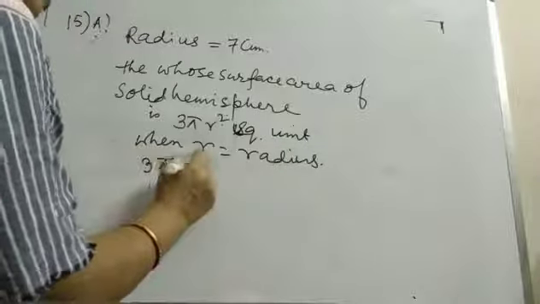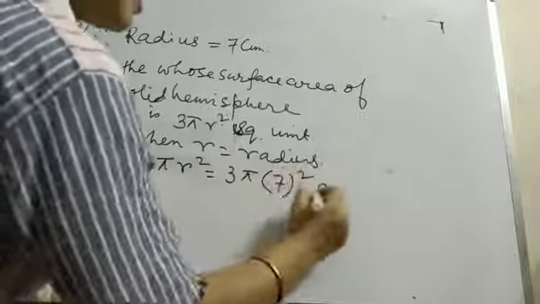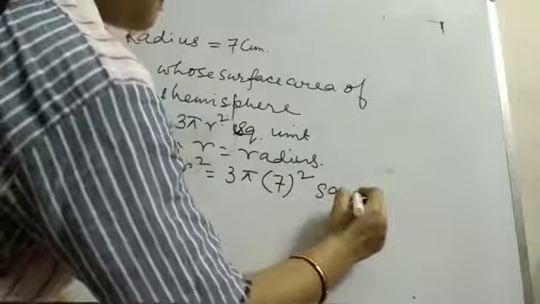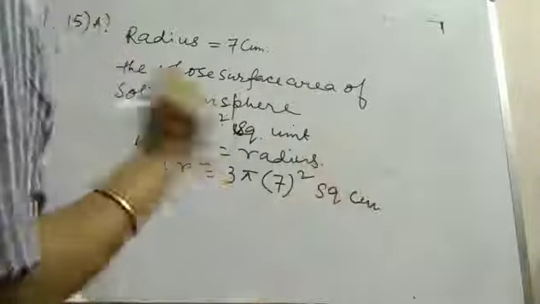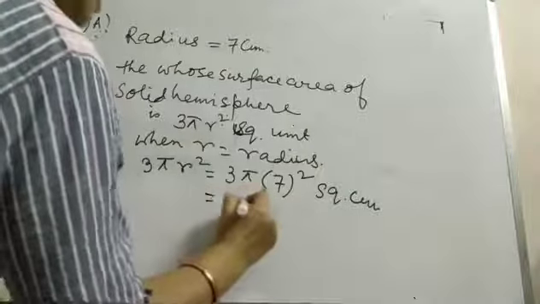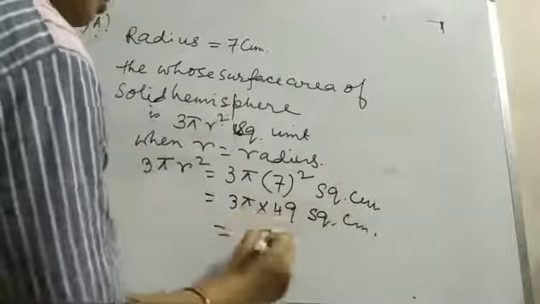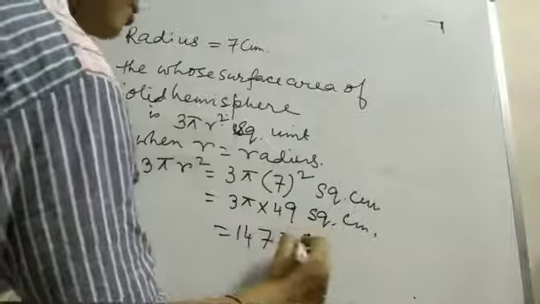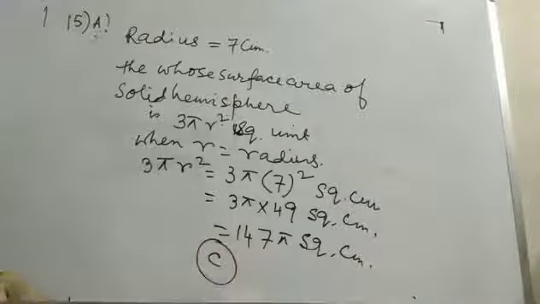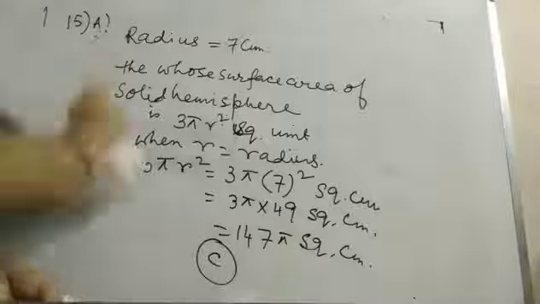That means 3 pi r square equals 3 pi, r means here 7 square centimeter. 3 pi into 49 square centimeter, 147 pi square centimeter. So the answer C is correct. Okay.